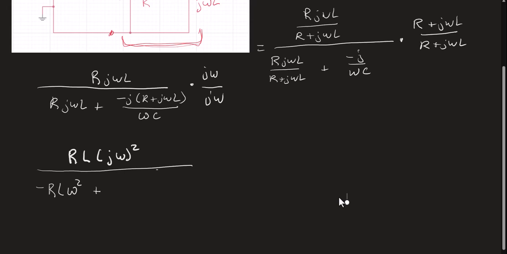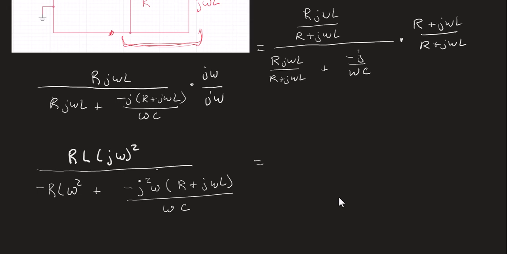I'll have minus j squared omega times R plus j omega L over omega C. Now let's see what that turns into.